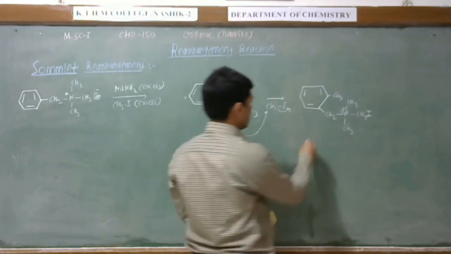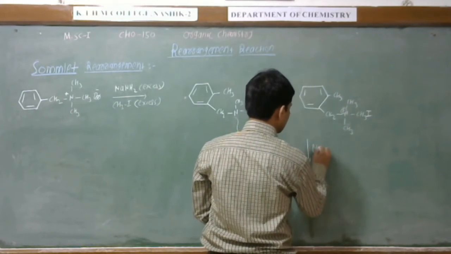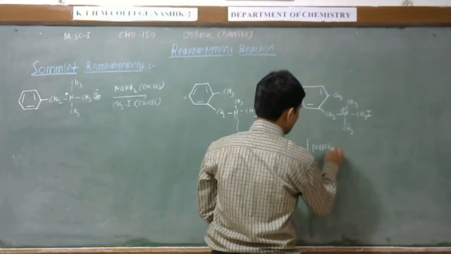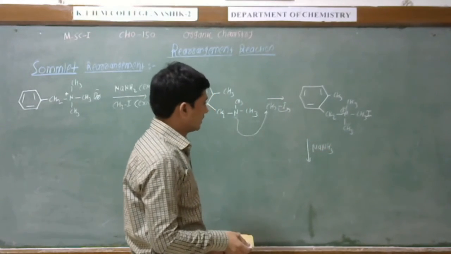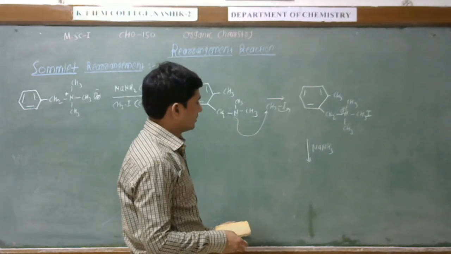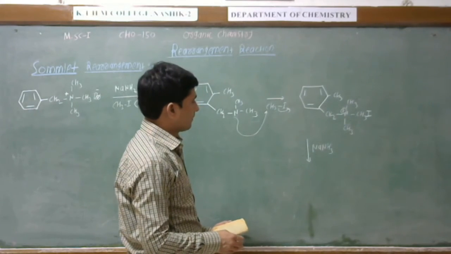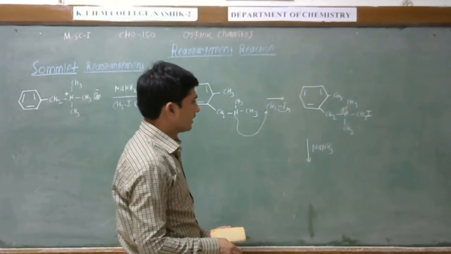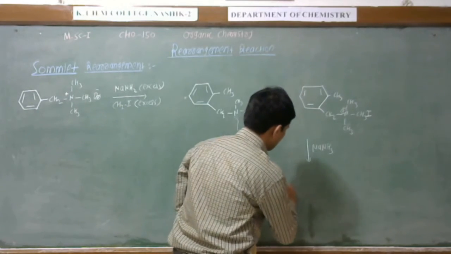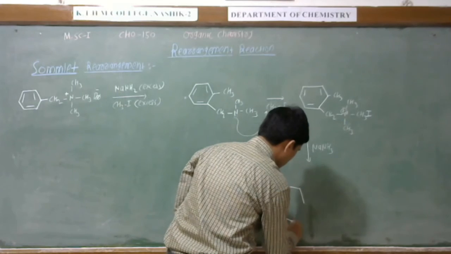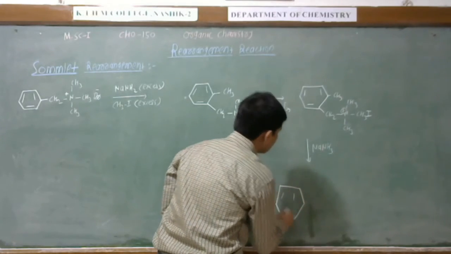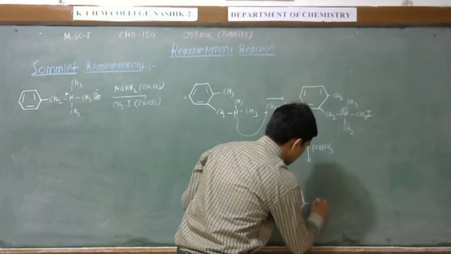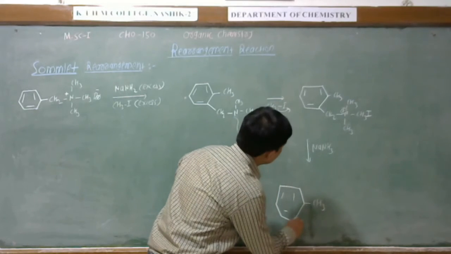By using the excess sodamide, there will again be Sommelet rearrangement, and after the Sommelet rearrangement we get the new product, which will be like this. See, this is the CH3. I will directly write the example.